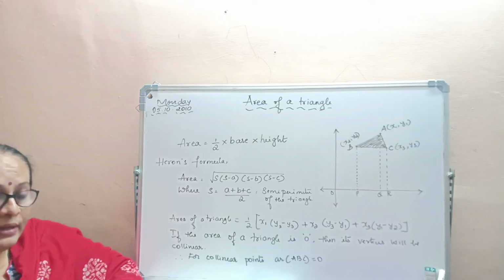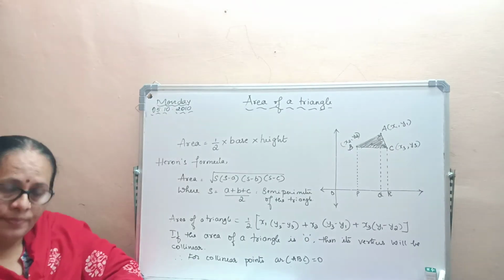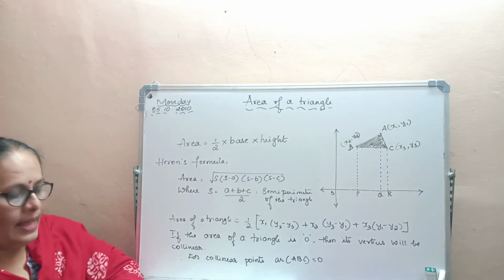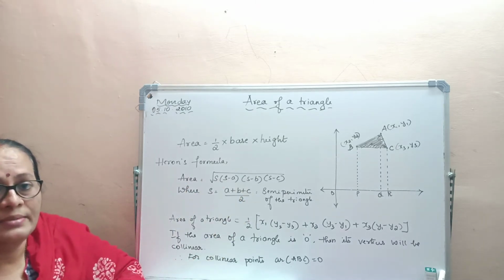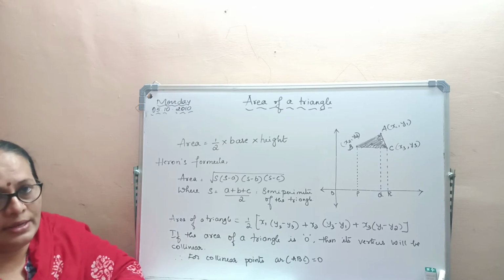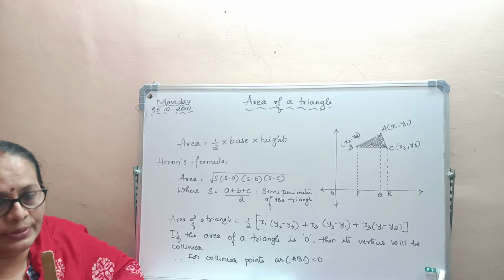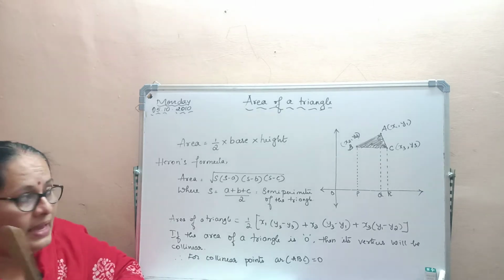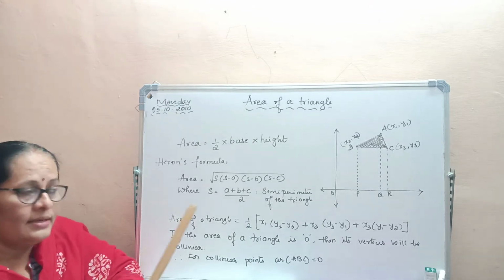We will take the numerical value. Suppose the area is minus 2. You have to take it as 2 square units. We will not write minus 2. Only the numerical value is to be taken for the area of a triangle.